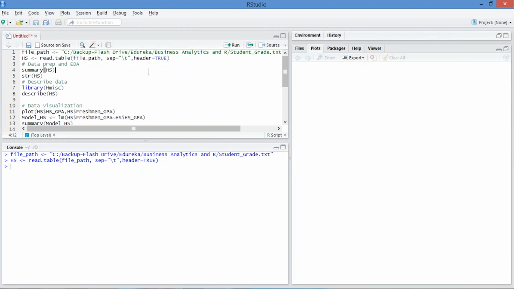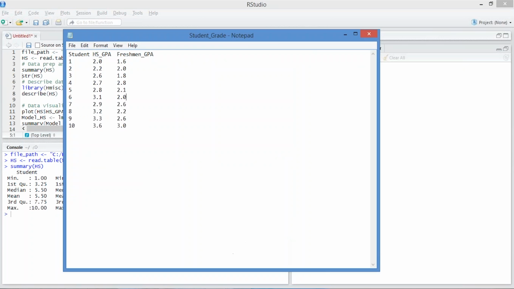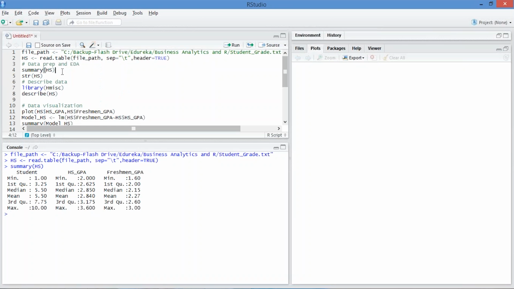If I do a summary here, it gives me the minimum, first quartile, median, mean, all these things based on the data I have. If I want to see the structure, these are the values I have. I have 10 objects of 3 variables.